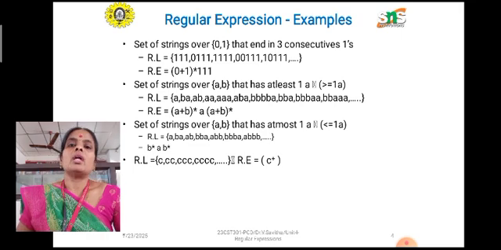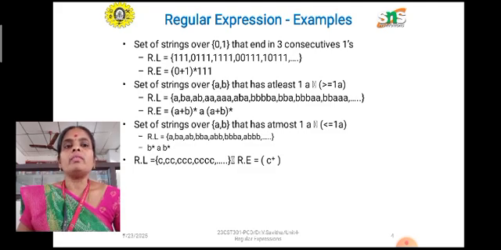Okay, so now here, whenever the input symbols are given, for example, take the first one. Here the set of strings over 0, 1. These 0, 1 are called the alphabet or the symbols. So based on those symbols, the regular language is defined as the possible combinations of ones and zeros.